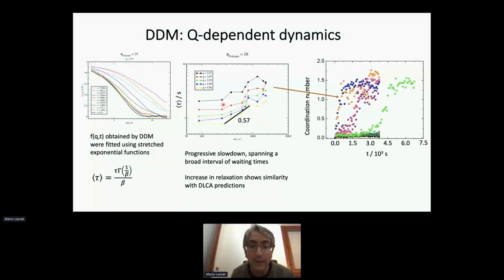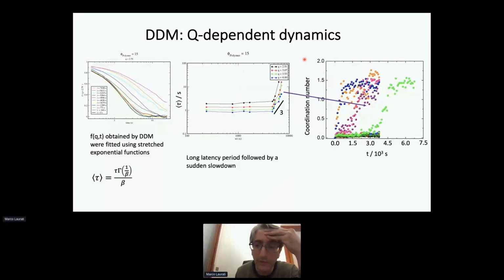And if we look at the time dependence of this data for different Q values, they seem to be compatible, for example, with expectations of the DLCA aggregation, so with the fractal dimension of the DLCA, basically. But then, if we switch to the systems which are deeper in the gel state, the behavior is completely different.